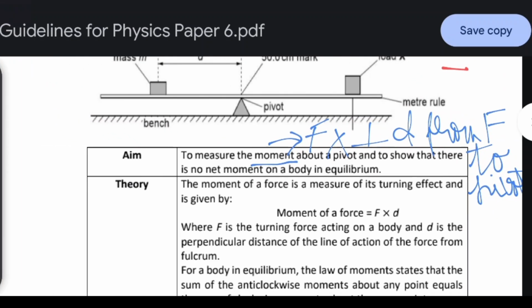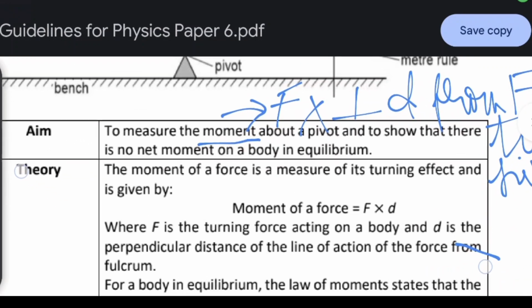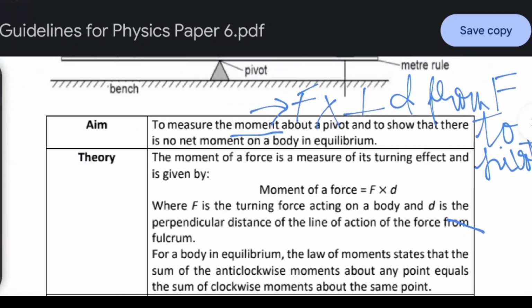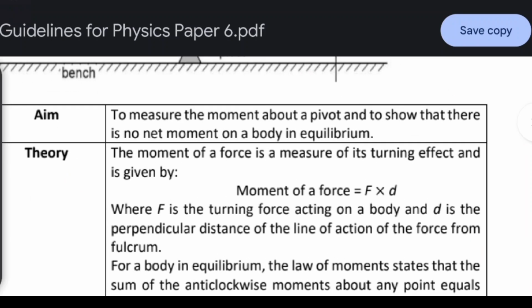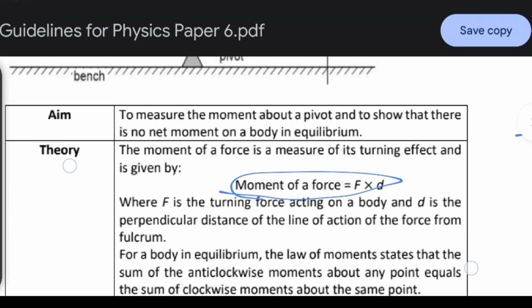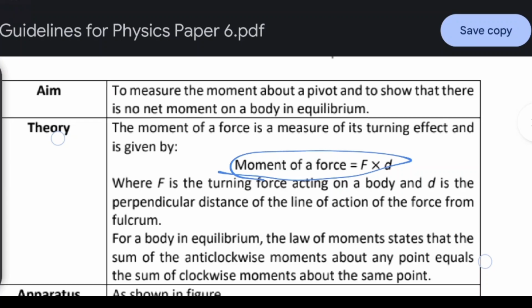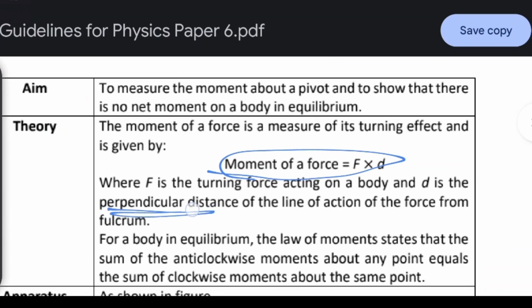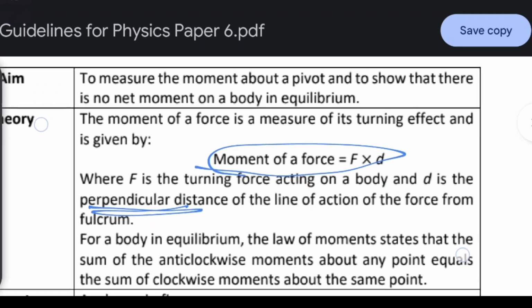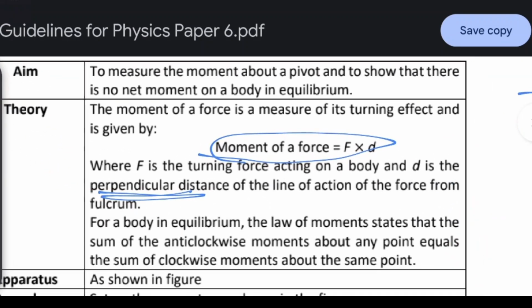The moment of a force is a measure of its turning effect and is given by moment equals force times distance. The force is the turning force acting on a body, and d is the perpendicular distance of the line of action of the force from the fulcrum. What is the fulcrum? The fulcrum is the pivot.